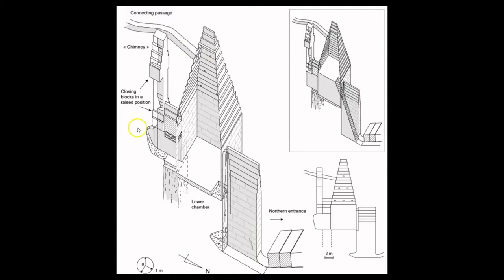However, I think that there was a different function for this lower chamber system, and we'll get to that in a later video. I just want to present all of the research and conclusions that were developed by this Russian research team in today's video.